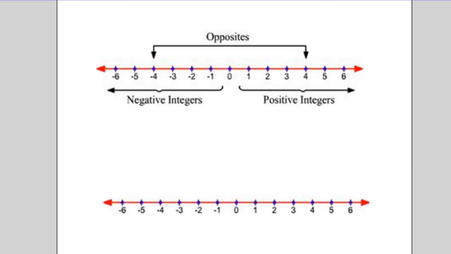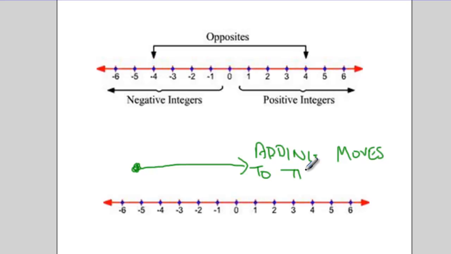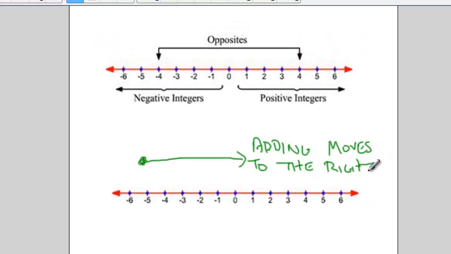So if we think of integers on the number line, if we're adding integers, adding means we're taking a number and moving to the right. So adding moves to the right.